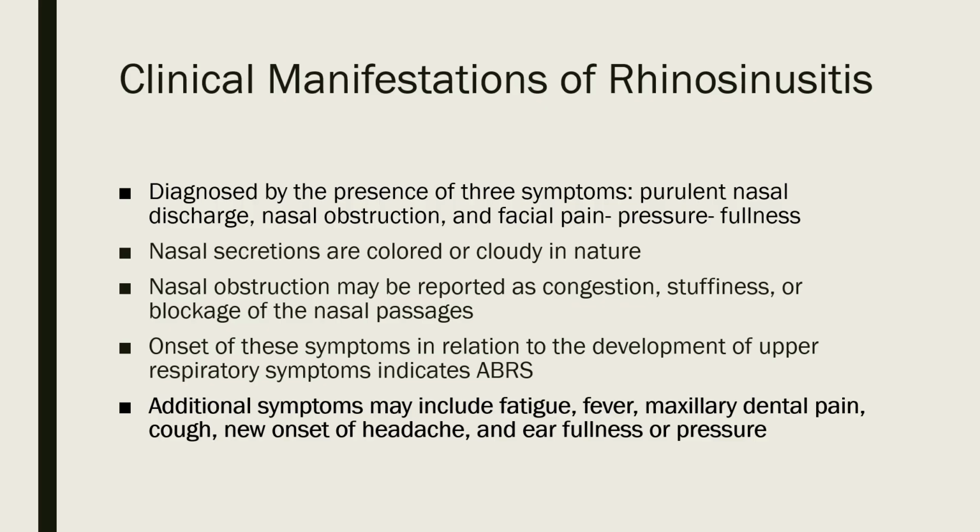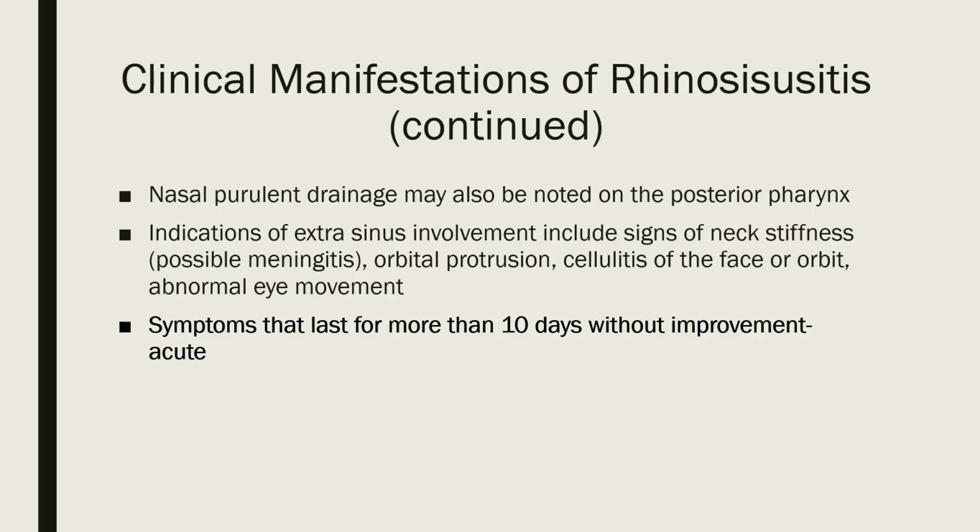rhinosinusitis. Additional symptoms may include fatigue, fever, maxillary dental pain, cough, new onset of headache, and ear fullness or pressure. So, nasal purulent drainage may also be noted on the posterior pharynx.